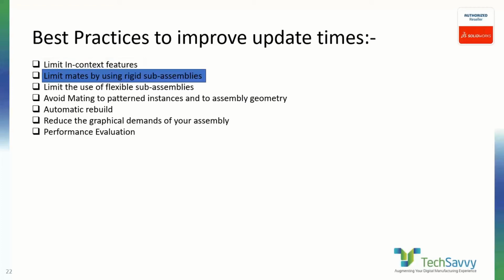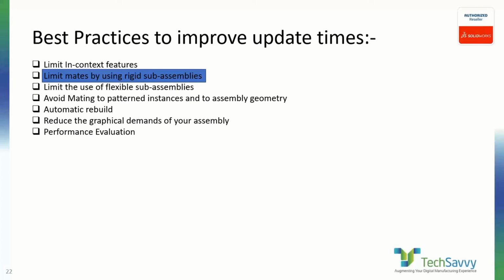So next one is limit mates by using rigid sub-assemblies. With the exception of flexible sub-assemblies, a sub-assembly is treated as a rigid body. This means that it's possible to locate even the largest sub-assembly with only three mates.